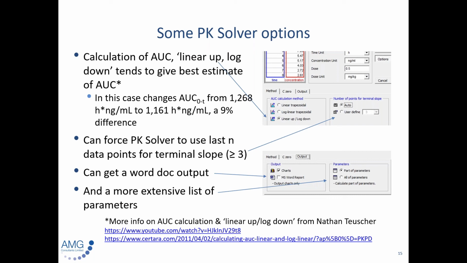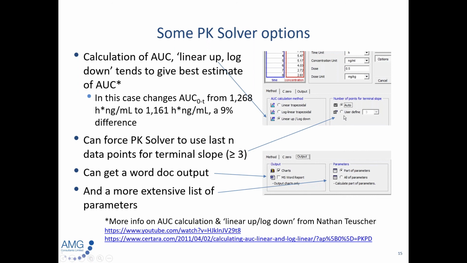A method that's often used is linear for the increasing part of the curve and log for the decreasing part of the curve. That does make some difference in some cases. You can see in this case it changes the AUC from 0 to T from 1268 to 1161, so it's a 9% difference. It's not massive in terms of usual biological variation, but it does have some material impact.